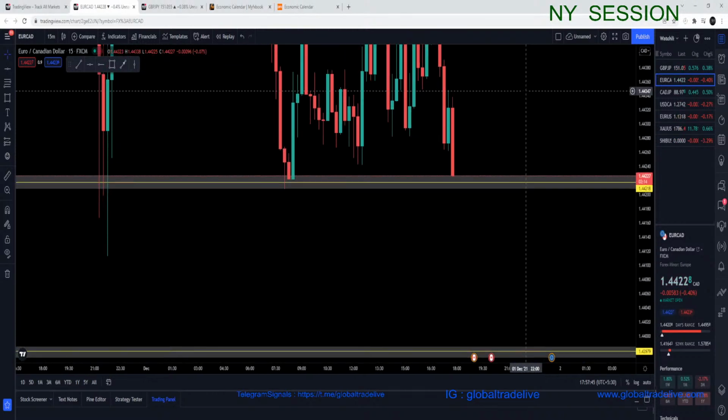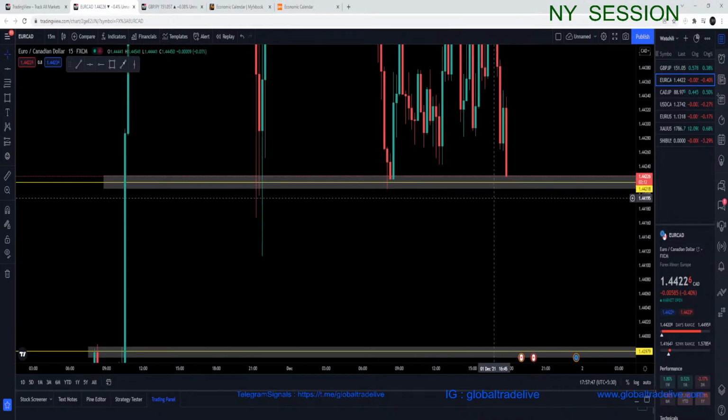So EuroCAD is now moving down, and let's see if this candle closes below this area or not.